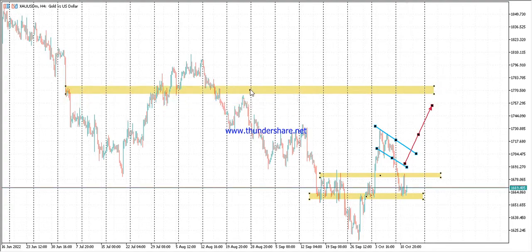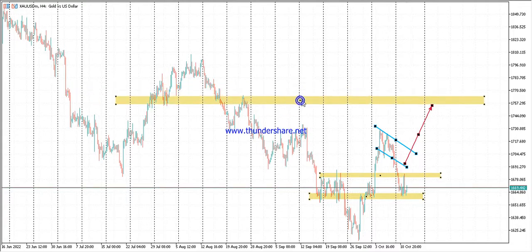From the way it seems, here could be the next place where I think price should go. You see? So it would be a continuation pattern, the bull flag pattern. It will be the bull flag pattern as soon as it breaks out.